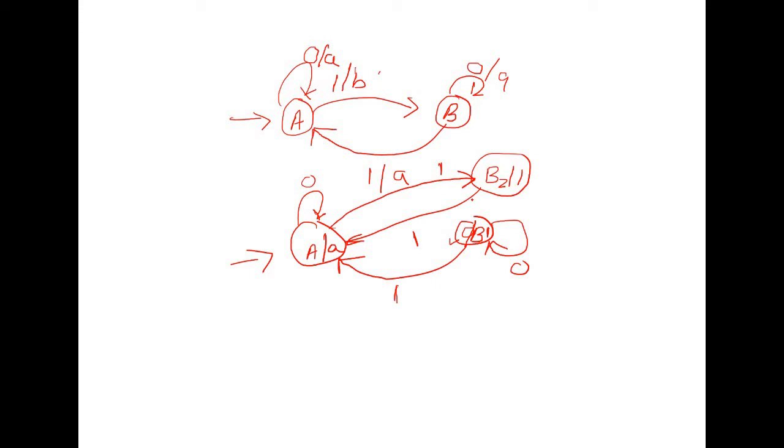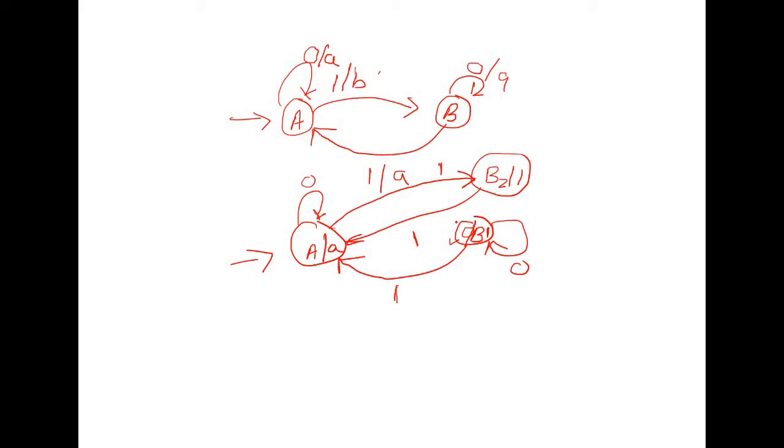Okay, so if two different edges are coming with different outputs, then we will divide into 2 different states. If there were 3 incoming edges and all 3 are different, then of course we will divide B to B1, B2 and B3, and then we will try to label it.